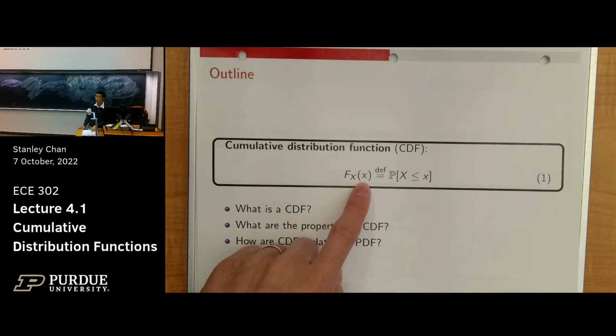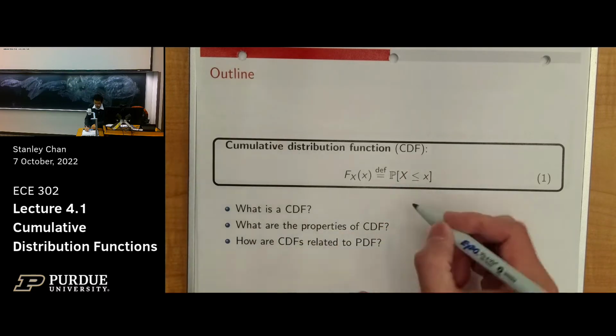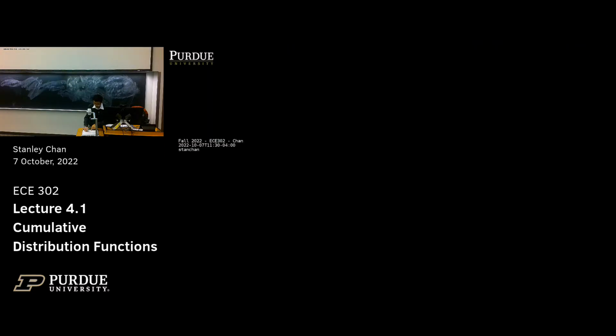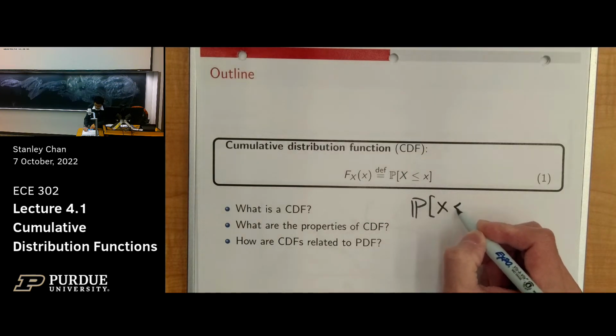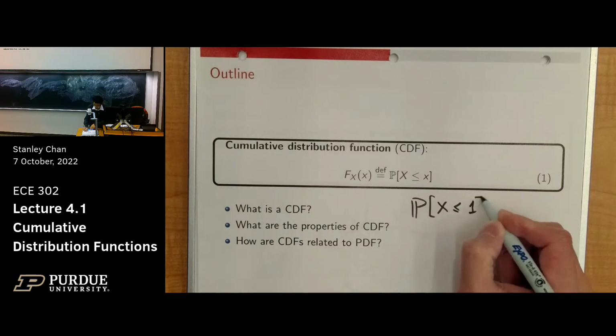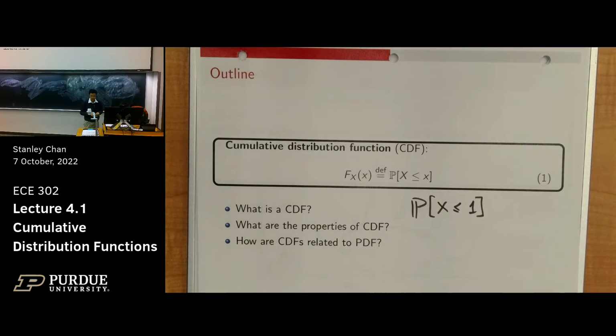The small x denotes the state that you're looking at. When you translate it to the probability event, it will be X less than or equal to this x. So you're looking at the probability that X is less than a certain number, and that one would correspond to the x.